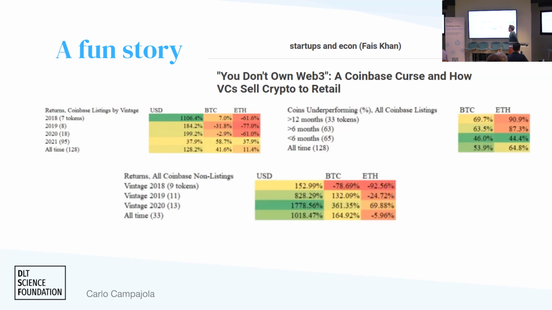And the ones that Coinbase ended up not listing consistently overperformed Bitcoin and even Ethereum for the ones that went in 2020.